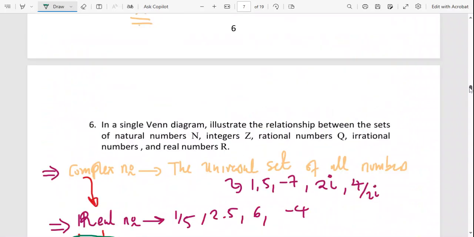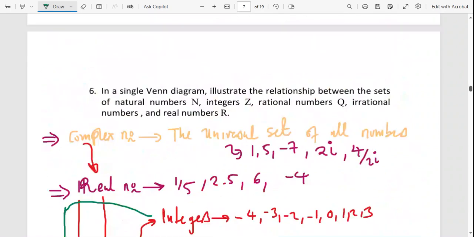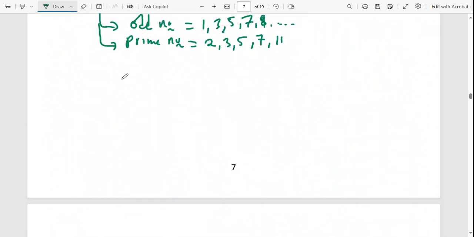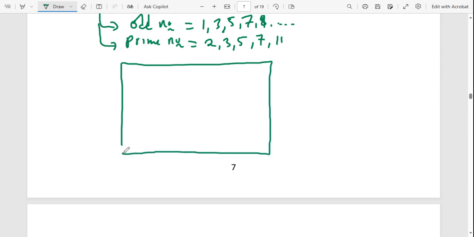So we now want to draw a Venn diagram to show the relationship between natural numbers, integers, rational, irrational, and real numbers. Of these numbers that have been mentioned here, real numbers are going to be the biggest set. So when drawing, we are going to draw like so, okay? The set of real numbers is going to be the biggest set.